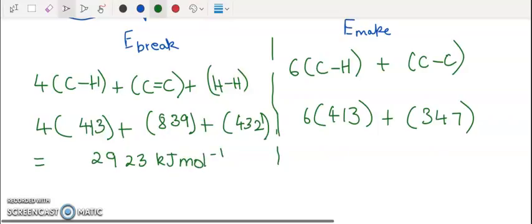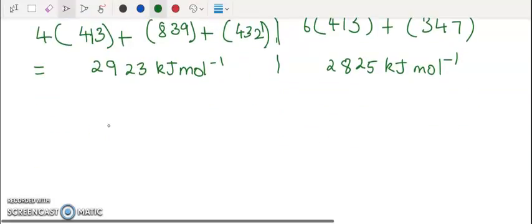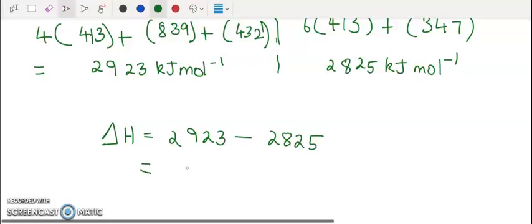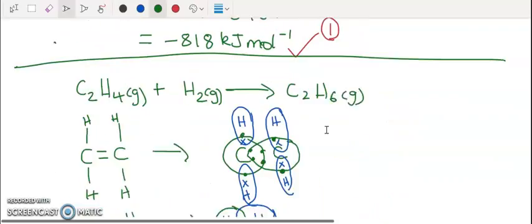And on this side, you should get 2825 kilojoules per mole. Putting that into the equation that we know, delta H will give us 2923 minus 2825, which altogether gives us 98 kilojoules per mole. And this is going to be minus. And this is how you do bond enthalpy.